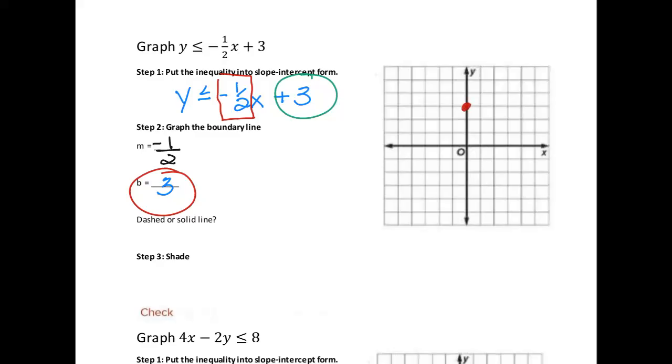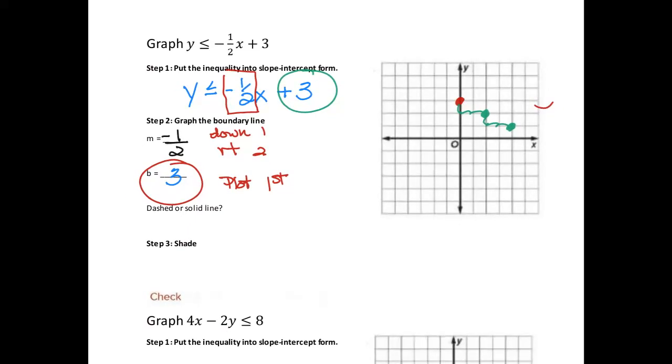There's your first point. So plot this first. And then negative 1, that's going to be down 1, right 2. And from your new point, down 1, right 2.